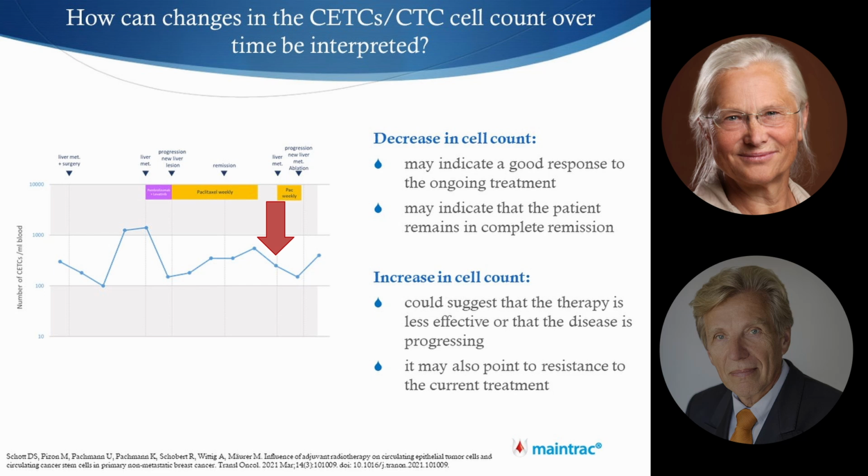And that's something which we frequently see, that the cell numbers in blood are the first to respond. If, like here, an increase in cell count occurs, this suggests that the therapy is not effective or that the disease is progressing, and it may also point to resistance to the current treatment, as it is during the paclitaxel weekly, the initial one.